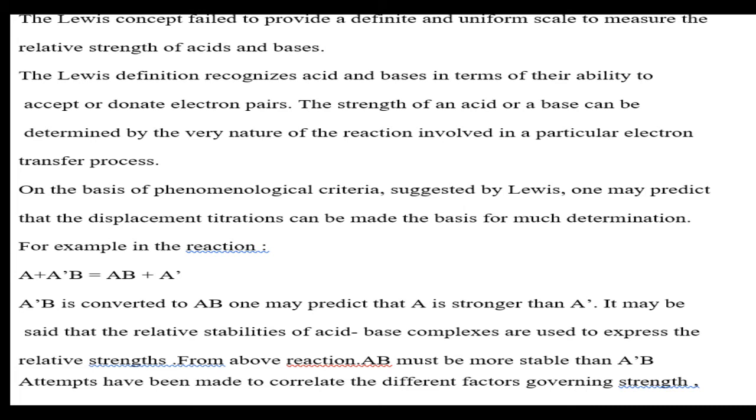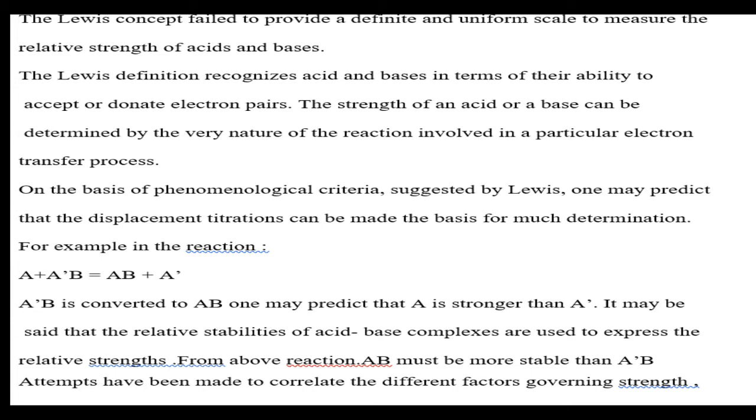The strength of an acid and base can be determined by the very nature of the reaction involved in a particular electron transfer process. On the basis of these phenomenological criteria suggested by Lewis, one may predict that displacement titrations can be made the basis for such determination. For example, in the following reaction, A plus A dash B, giving AB plus A dash.